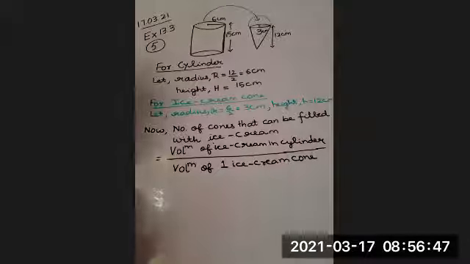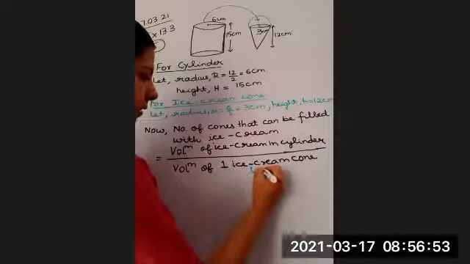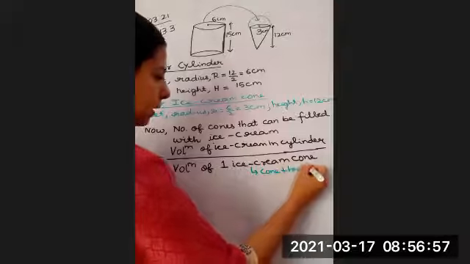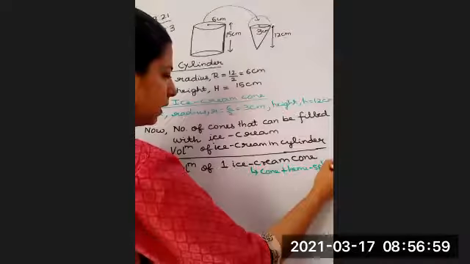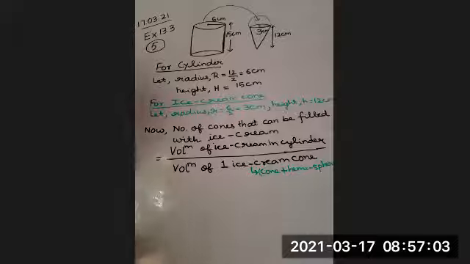Now here you can write this as cone plus hemisphere. Here itself you can mention, otherwise we'll have to repeat all the steps again and again.